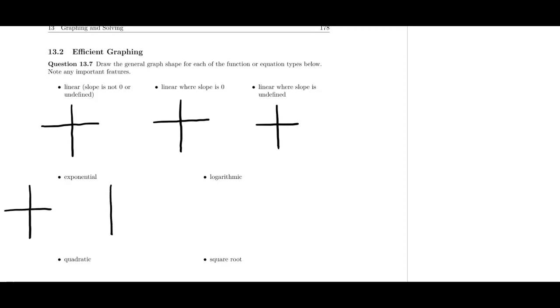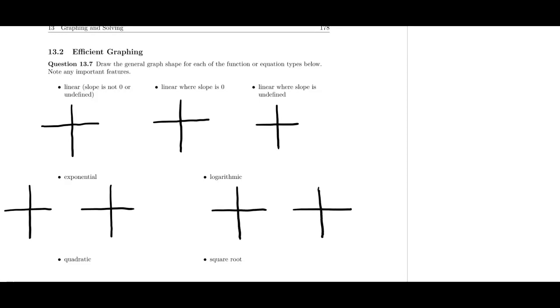Okay, let me just draw in some little XY coordinate grids here, first of all. For exponential, I'm going to draw 2 different graphs, and also on logs.